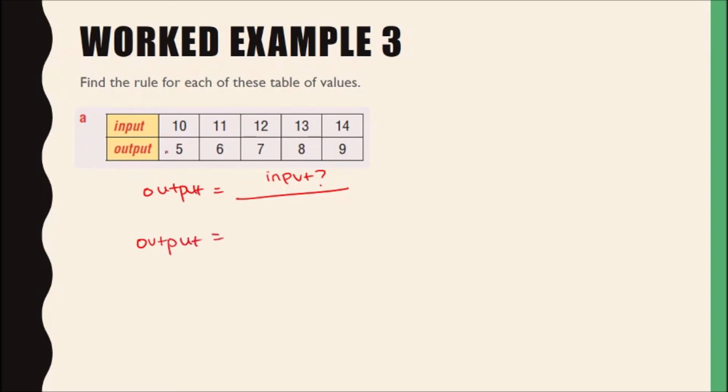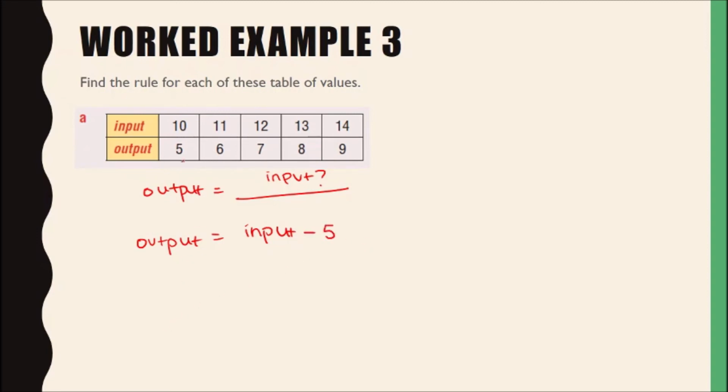To get this value here, what am I doing to the input? All right, so when I look at that, I can say that it's input minus 5. That's what it is, input minus 5.